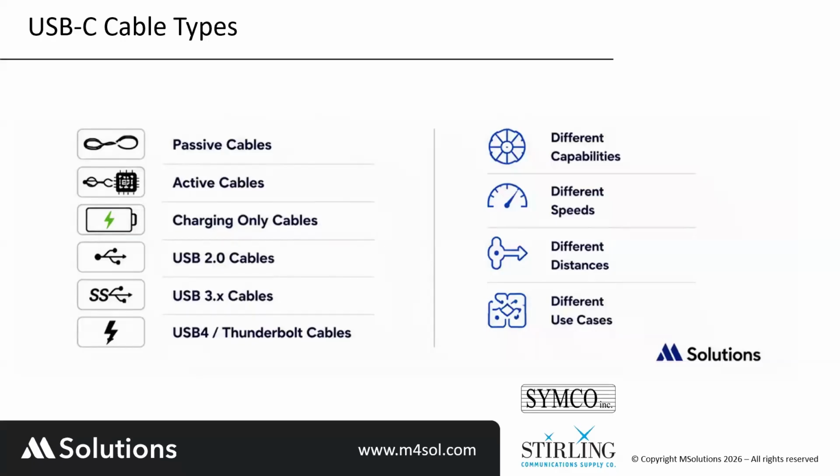This is something, again, you need to verify on your system. The important point is that every cable has different internal electronics, different capabilities, and different distance limitations. If two USB-C cables look identical, don't assume that they perform the same.